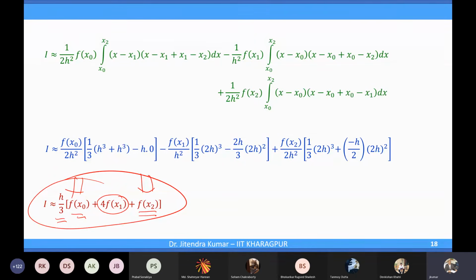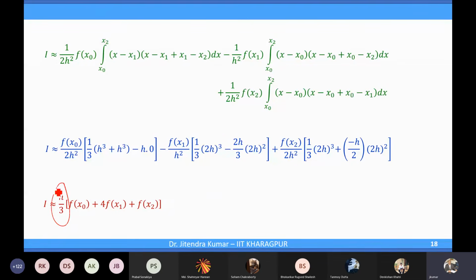This is the formula: h by 3, from the 1/3 you can remember this h by 3. There are other Simpson's rules also, not only this 1/3, such as 3/8 and so on. We are not going into all those methods. So 1/3, f(x0), f(x2), and 4 times the middle one.